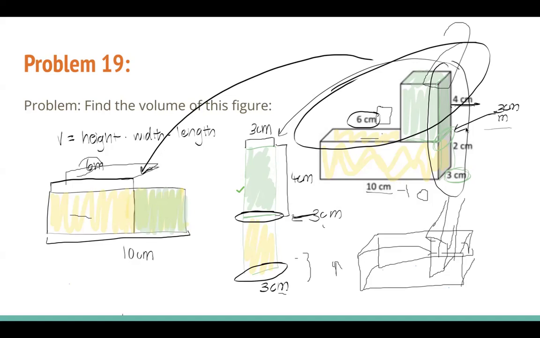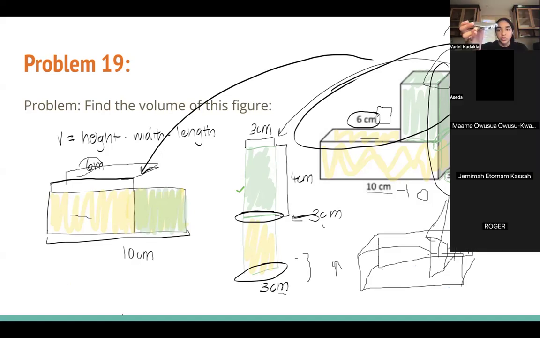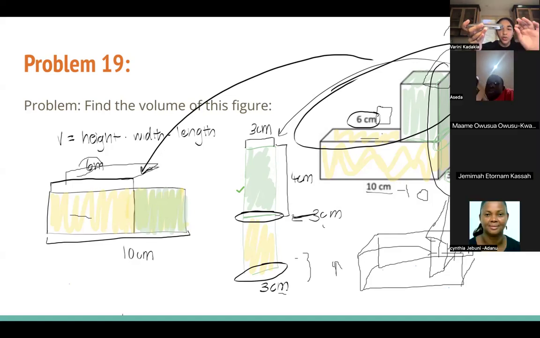What I'm doing is, if I only want to see the top part, I'm just going to flip the diagram like this. So now instead of looking 3D, the diagram looks 2D, right? But it's still a 3D thing. Does that make sense?